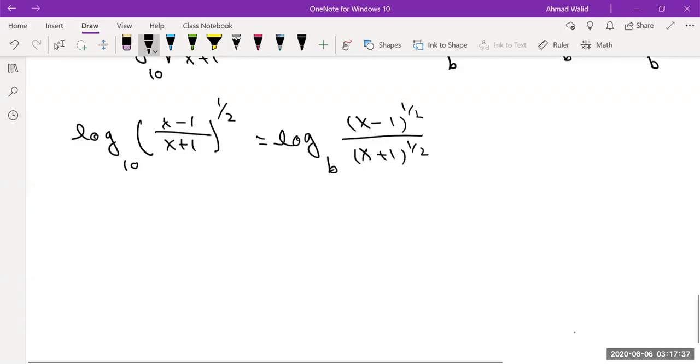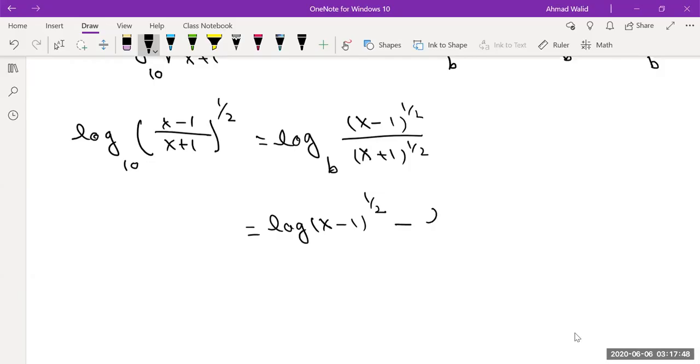Now I will apply the quotient rule. I can write this as log of x minus 1 to the power of 1/2 minus log of the denominator, log of x plus 1 to the power of 1/2. Both of them are base 10.